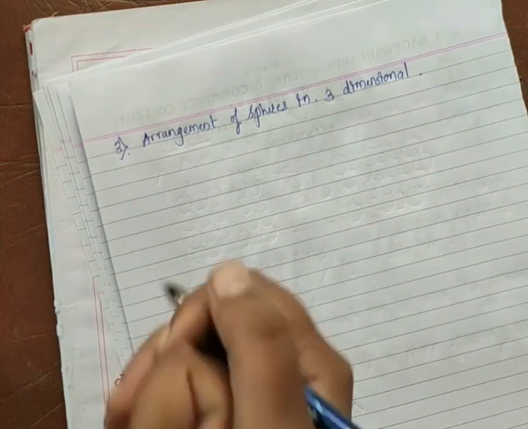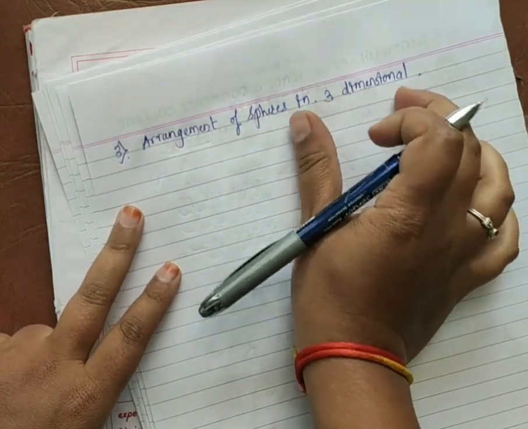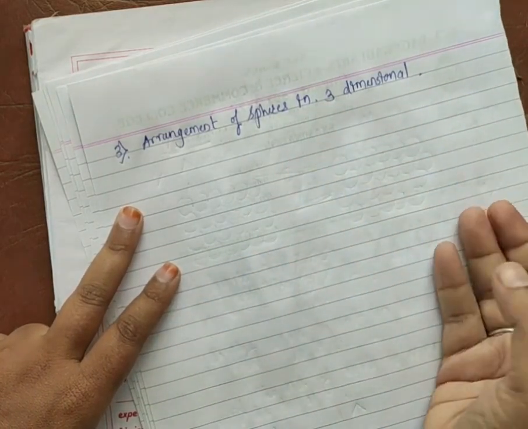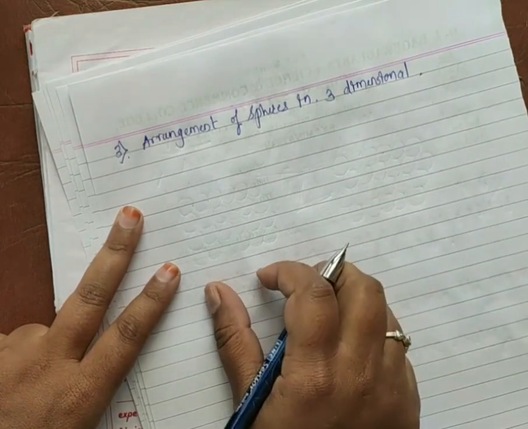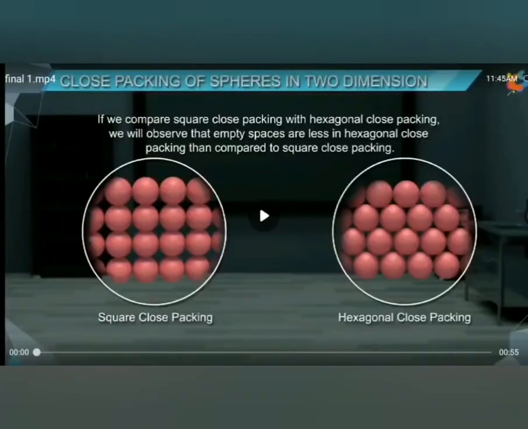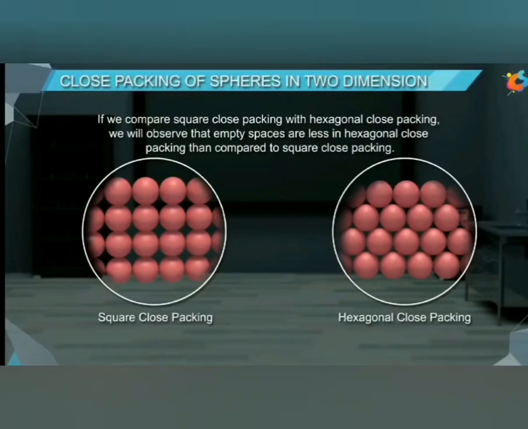Before starting the arrangement of spheres in three-dimensional, first I will show how the empty spaces are present in the square closed packed structure and hexagonal closed packed structure. If we compare the square closed packing and hexagonal closed packing, look at the structure. In both cases there is empty space. Whatever the dark colored light is, that is the empty space.